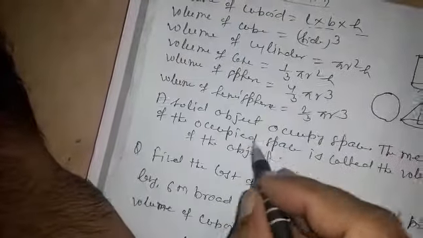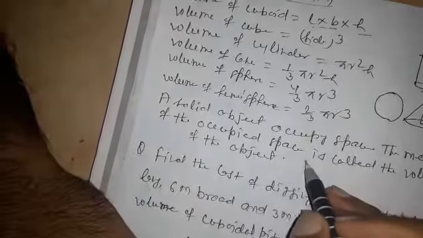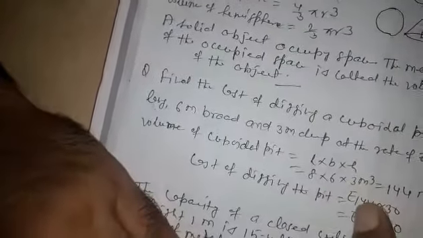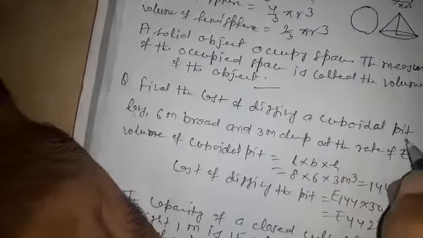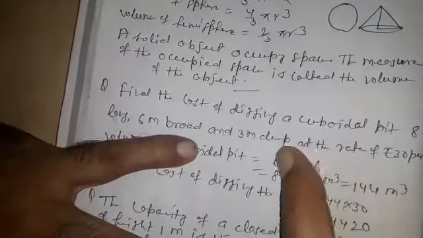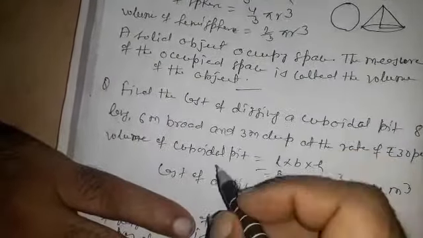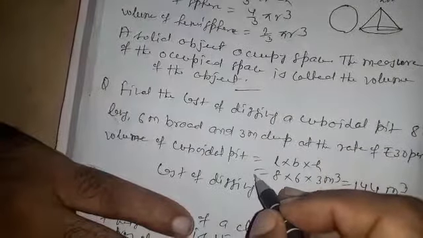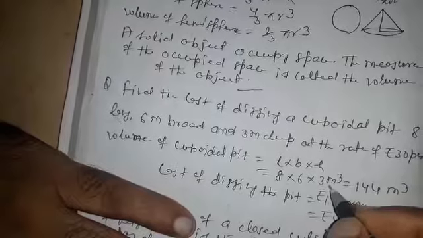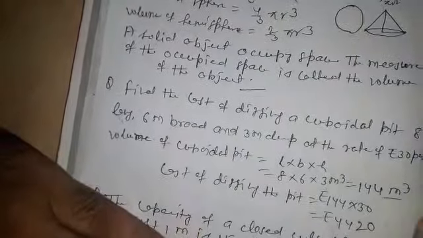What is volume? A solid object occupies space. The measure of the occupied space is called the volume of the object. Find the cost of digging a cuboidal pit 8 meter long, 6 meter broad and 3 meter deep at the rate of 30 rupees per meter cube. So the volume of the cuboidal pit is obviously L into B into H, so 8 into 6 into 3 meter cube, which is equal to 144 meter cube.